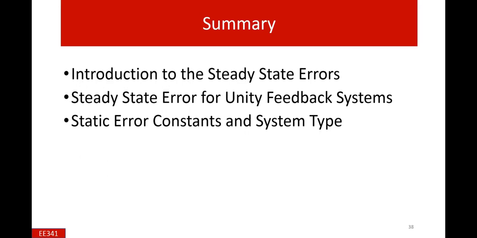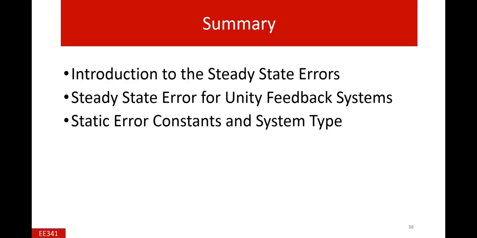In this lecture we reviewed some fundamental terms. If you already know the terms, then skip that portion of the lecture and continue with the derivation of steady state error.